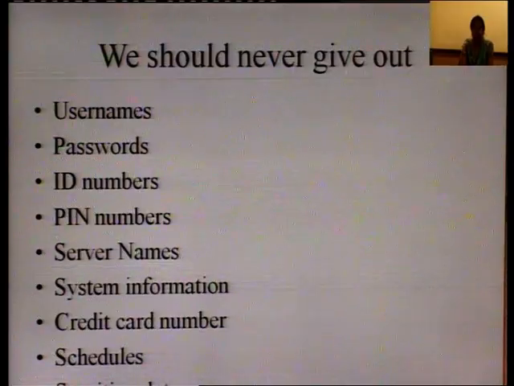We should never give these out. We should not rely on a person whom we don't know. So never give your very sensitive data to anybody, so that you cannot be attacked by such hackers over the network.